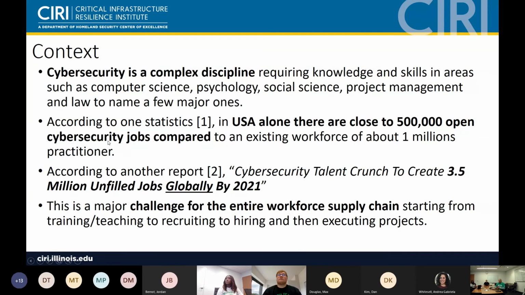So as everybody probably recognizes here, cybersecurity is a complex discipline. And it is complex because it is not just a single discipline, it is an amalgam of multiple disciplines like computer science, psychology, social science, project management, law, just to name a few.